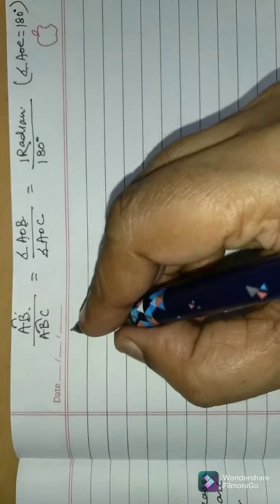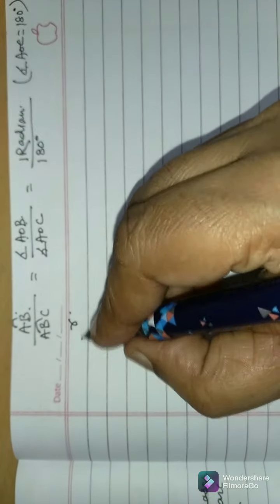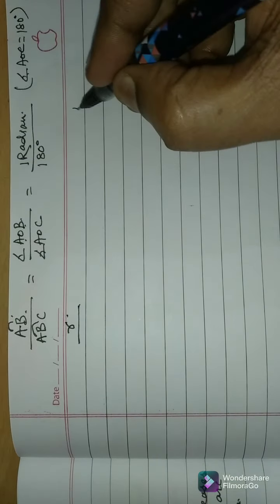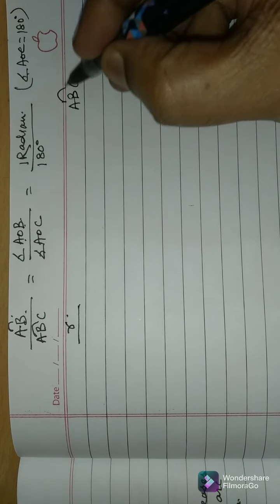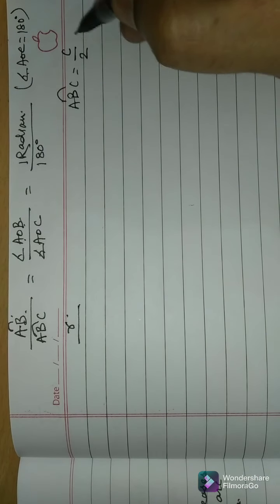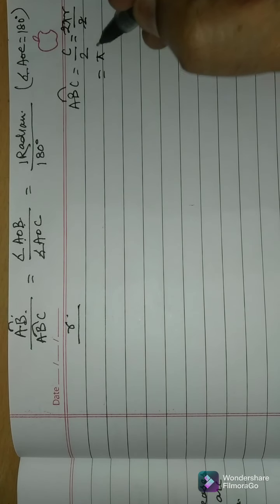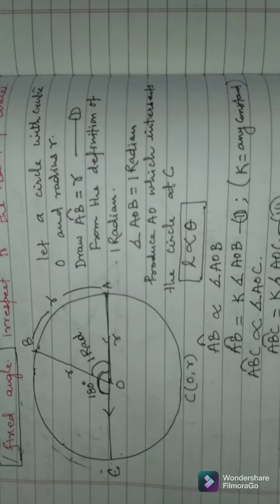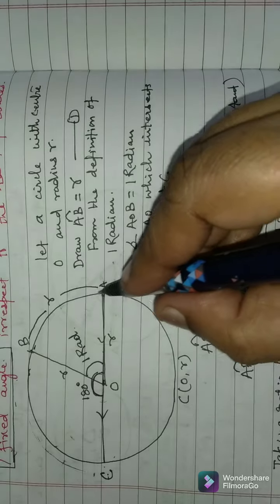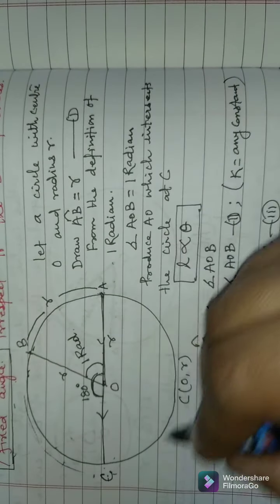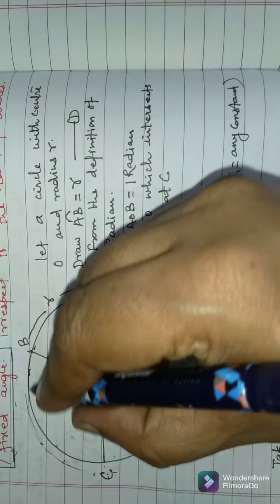Arc length ABC is half of the circumference, 2 pi r divided by 2, so it is pi r only. You see here the arc length ABC, this is the whole circumference, and this is the semi arc.